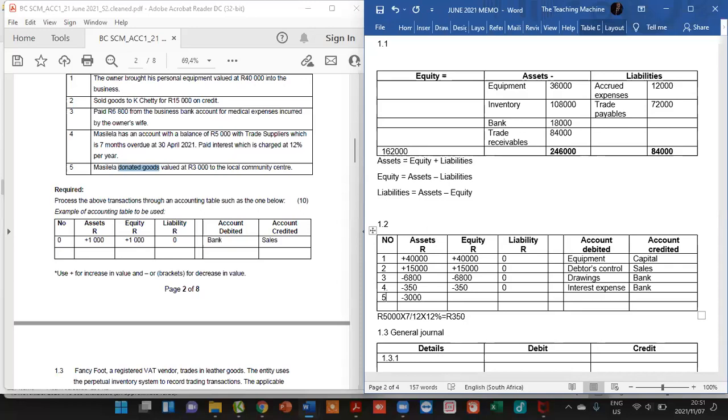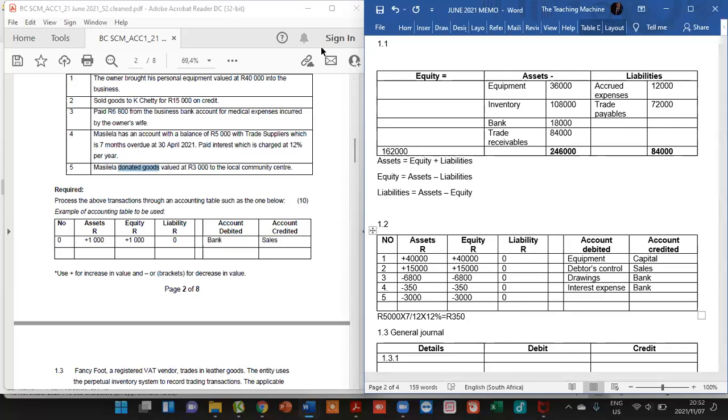Which other account is affected? Donations is affected. Donations is classified as an expense. Minus 3,000, and it's 0 under liabilities.